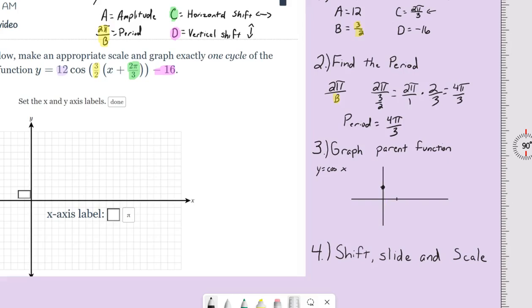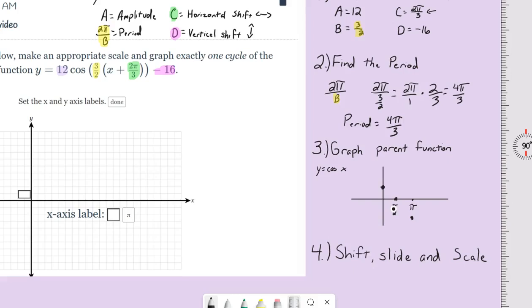Now cosine at pi over 2, which would be 90 degrees, would be 0. At pi, probably right about there, it's going to be -1, so right about here. Doing these by hand, so it might not look exact.